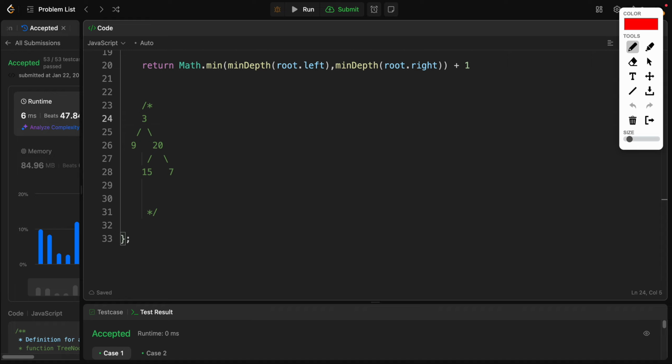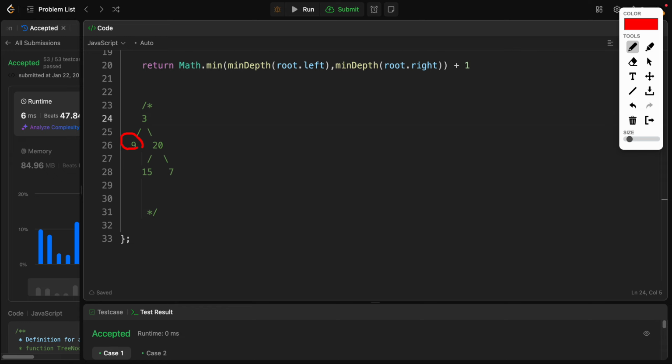The min depth of 9 is 1, since the left subtree has depth 1. The min depth of 20 is 2, since its right subtree has depth 2, like 7 or 15. So for the root we take the minimum of 1 and 2, plus 1, which gives 2.